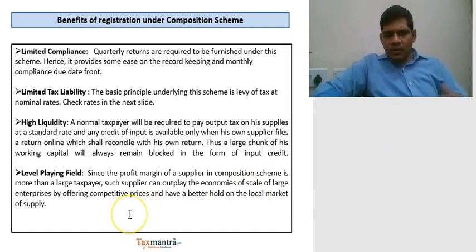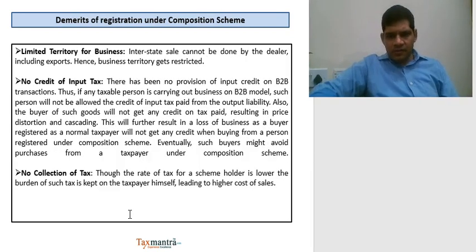And since the profit margin of a supplier in a composition scheme is more than the normal taxpayer, based on the calculation, even if they don't get input, they have a little better advantage because they have a little better margin because of the differential tax rate, because the tax at which they pay on output is much lesser and fixed.